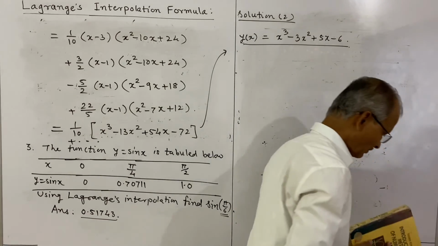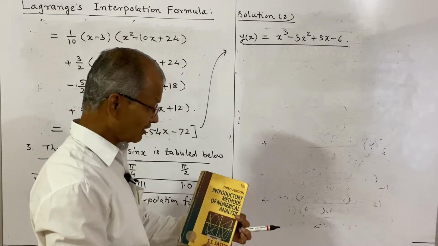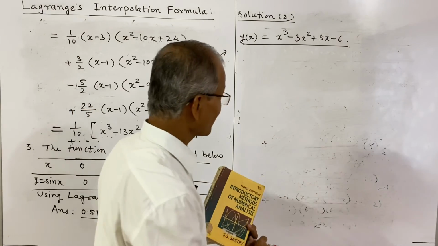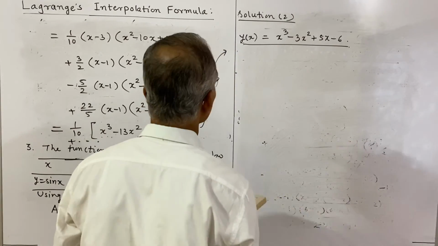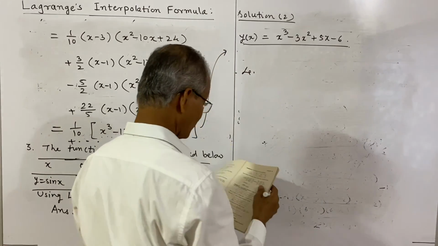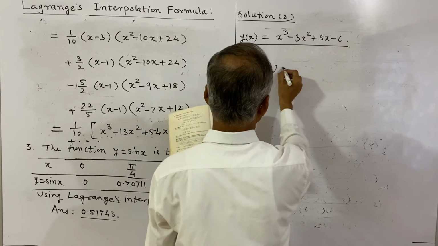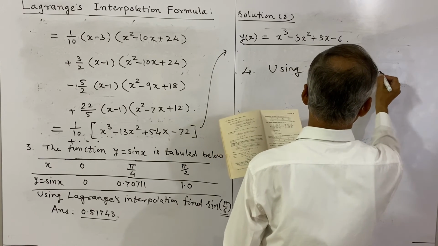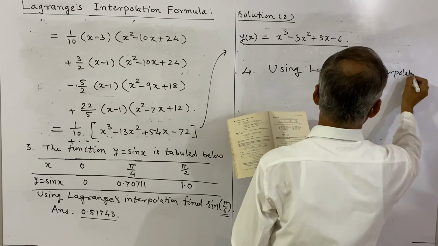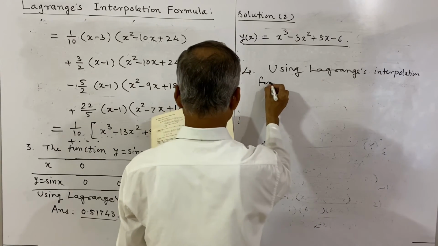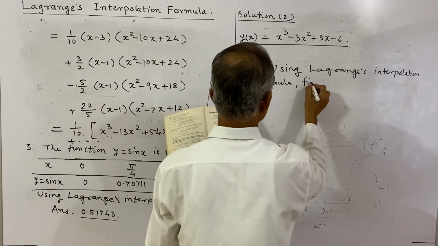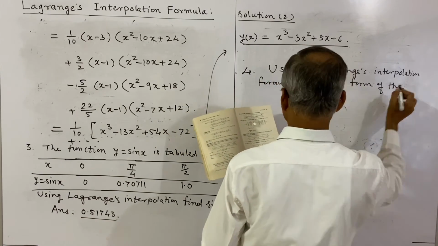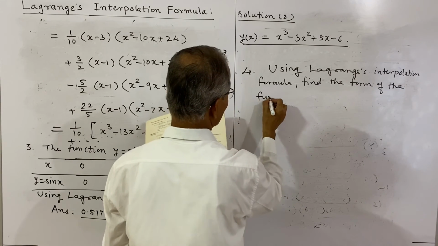This is the book that we are following, Introductory Methods of Numerical Analysis by S.S. Sastry. And the problem number 4 I write here from the book: using Lagrange's interpolation formula, find the form of the function y of x.